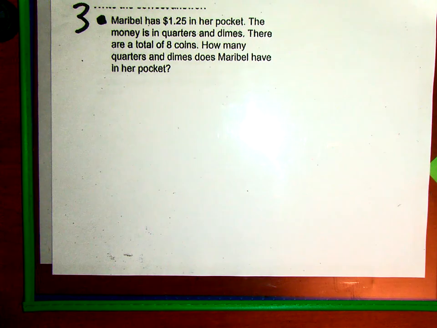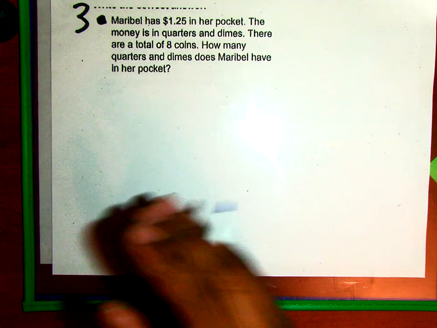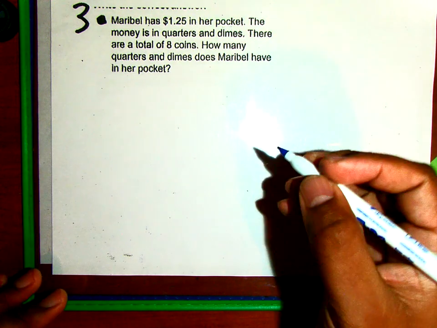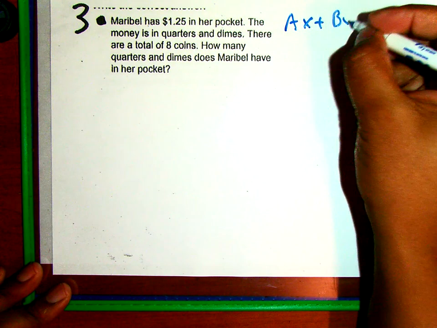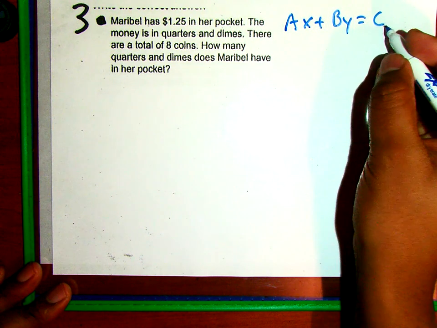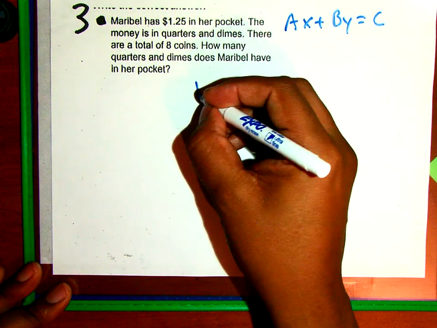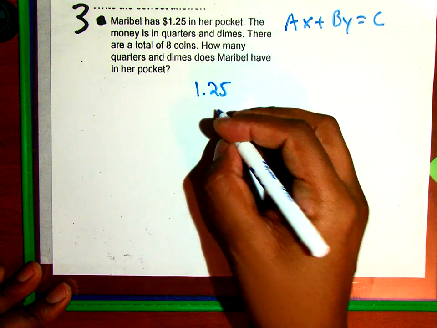What we want to know is what adds up to get that. So we're going to use the AX plus BY equals C. But we know what the C is for both of them. One is 125 and the other one is 8.